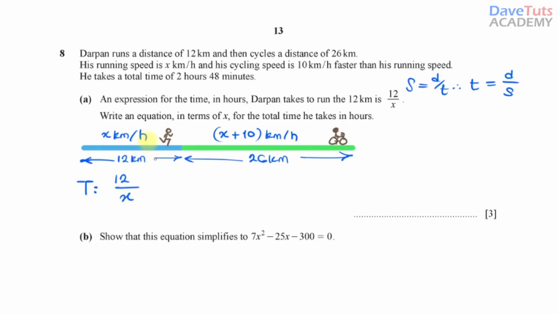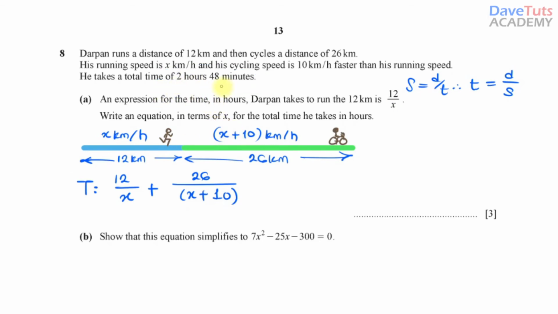In the second case, the time will be the distance, which is 26 kilometers, over the speed, which we are given as x plus 10 kilometers per hour. Now we are told that this is amounting to 2 hours 48 minutes.